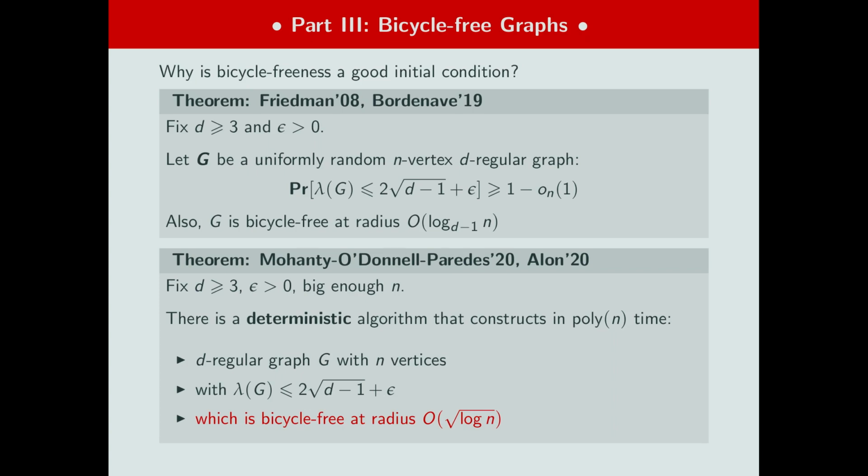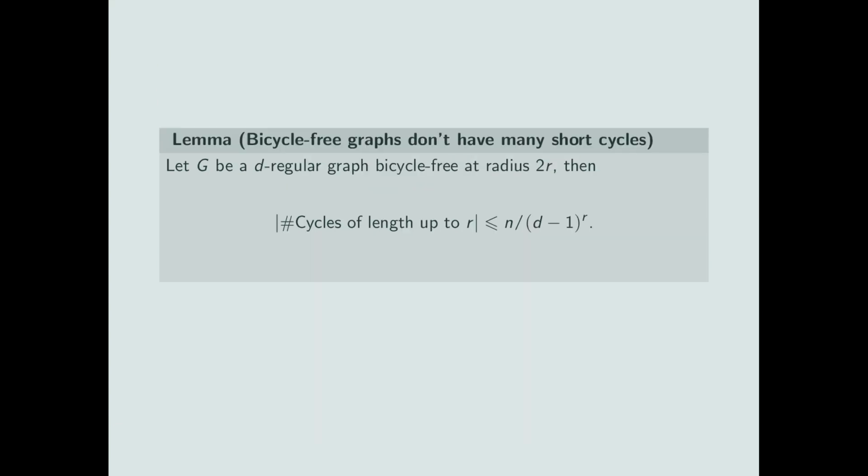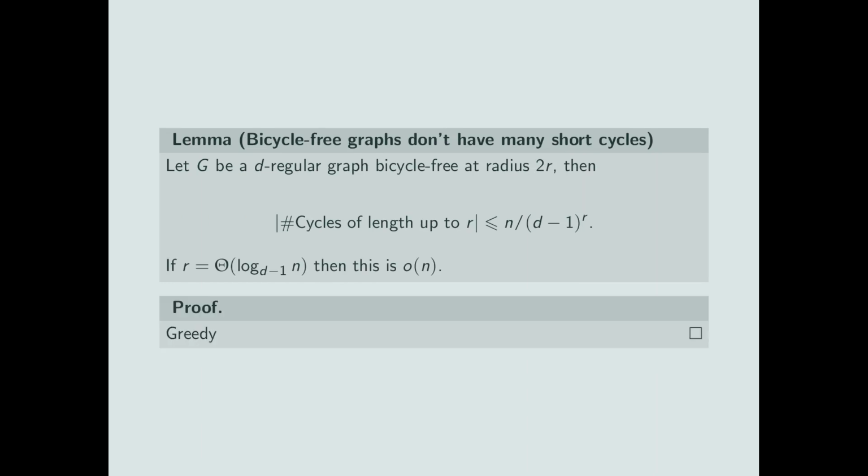And so we conclude that this bicycle freeness property is actually a prevalent property in d-regular graphs. Additionally, it is easy to show that if a graph is bicycle free at a certain radius r, then it cannot contain too many cycles of length up to r. And the proof of this fact is actually just a simple ball growing argument that we won't see here, but you can think about it.